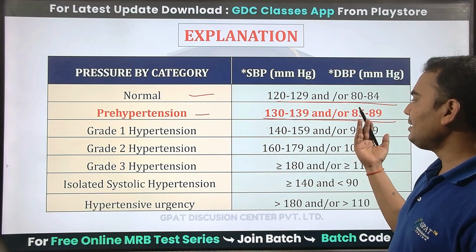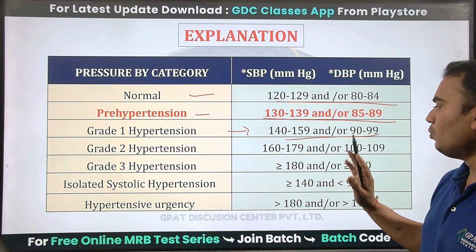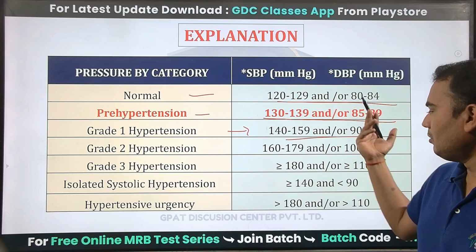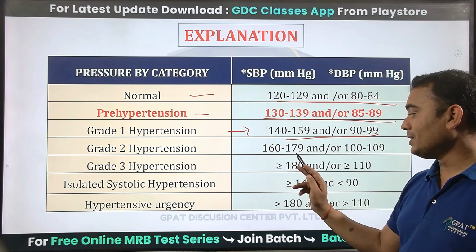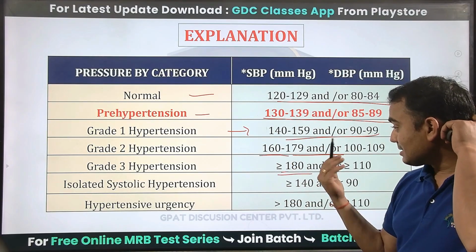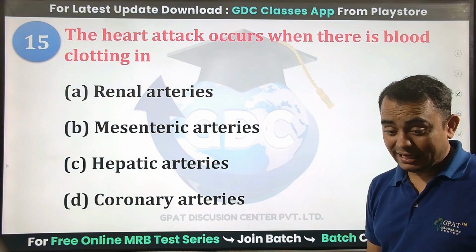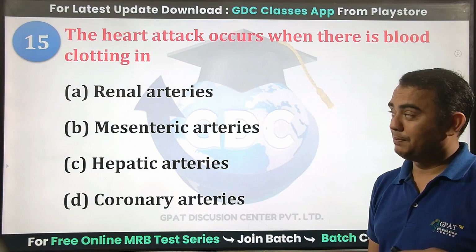Pre-hypertension is 130 to 139 or 85 to 89. Grade 1 hypertension is 140 to 159 or 90 to 99. Grade 2 is 160 to 179. Grade 3 is more than 180. So these are very high blood pressure, or hypertension.